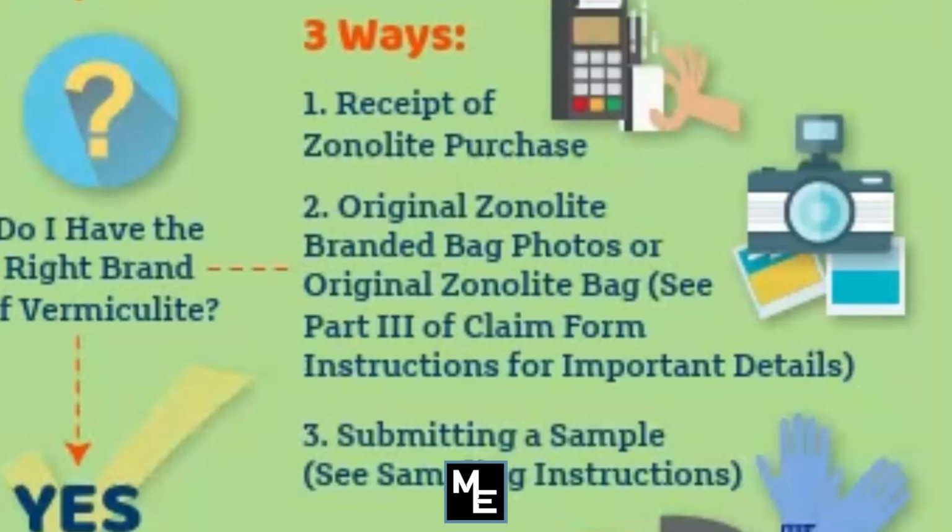One, the receipts for the Zonolite that was bought and put into the space. Two, a composite sample, which is looked at under a microscope and analyzed to see if it has asbestos and Zonolite in it. Or three, the Zonolite bag.